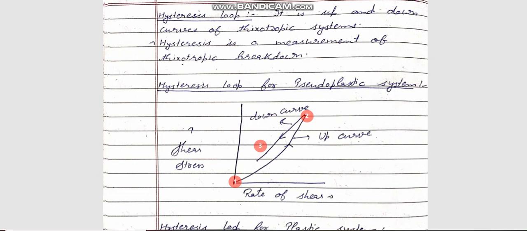For example, if we are taking a suspension formulation, and it is a flocculated suspension, then at its original position, when we keep it aside, it starts forming large flocks. These large flocks are not good for the stability of that suspension. So we have to convert this suspension into a sol form when we are taking it from the container.